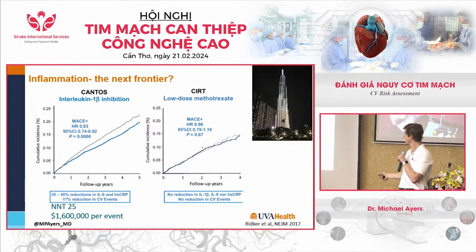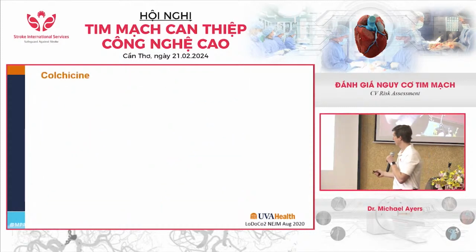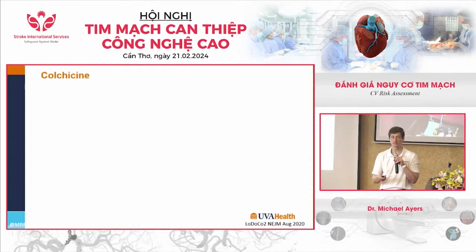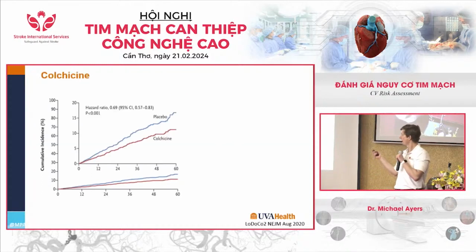And if you look, underwhelming result. So I think this is a proof of concept that lowering inflammation works. We just need to find the right drug. Some people suggest colchicine is that drug. And there were a handful of trials that show colchicine lowered risk.